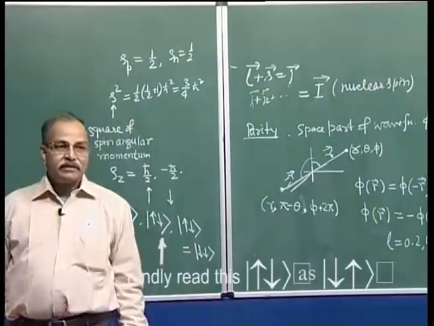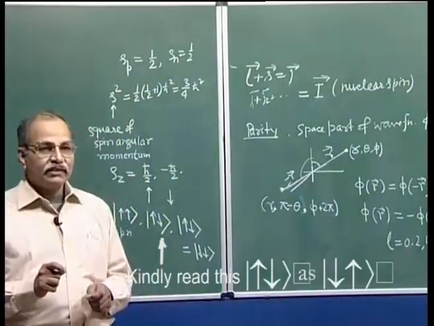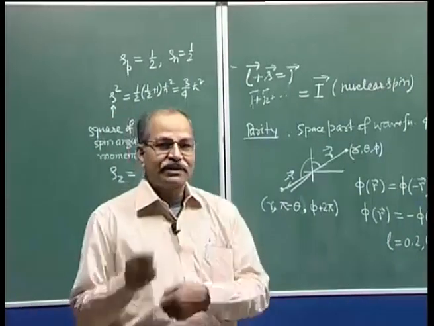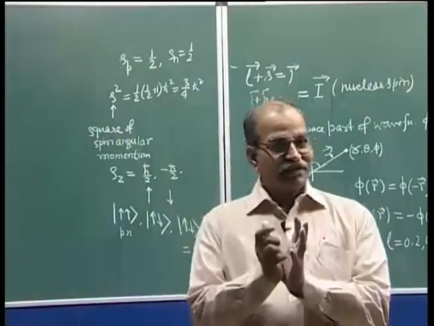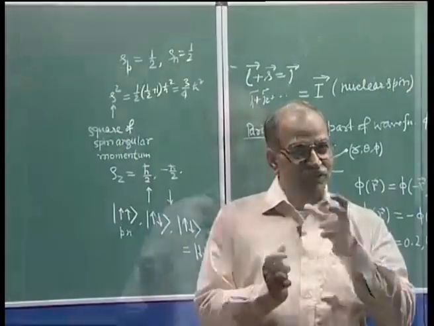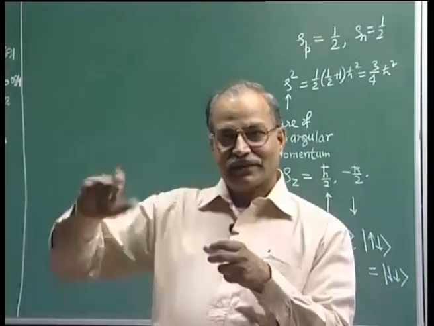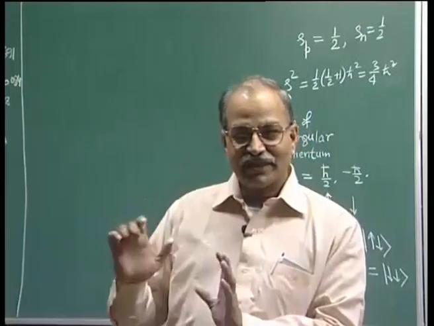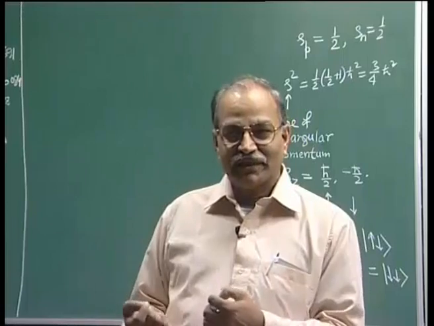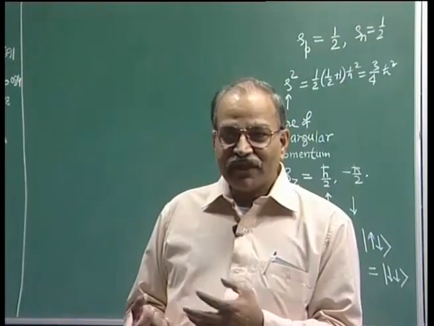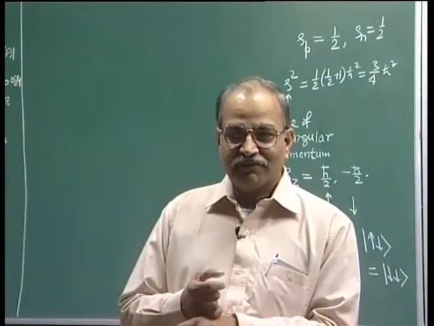This is when the two spin angular momenta are not coupling to each other, they are independent. Proton is there, it has its own S1z, and then the other neutron is also there and it has its own S2z.